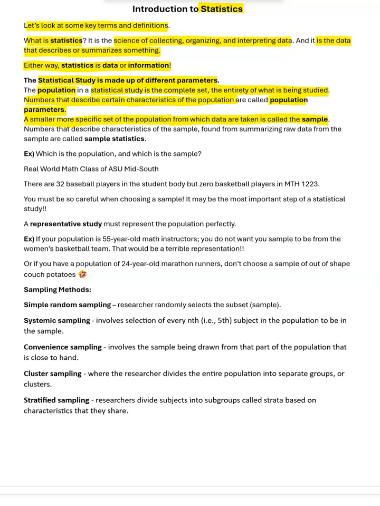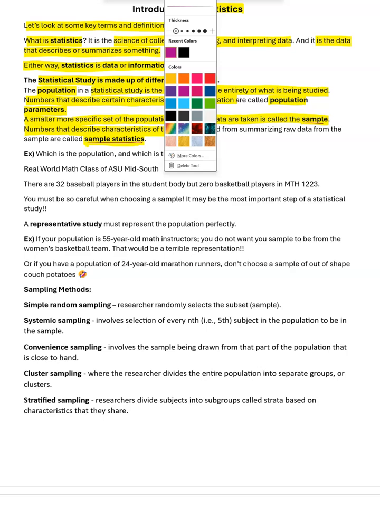Now, the numbers that describe this smaller sample are called the sample statistics, which makes sense, right? If we take numbers from the smaller group, it's going to be called sample statistics. It kind of makes sense that it would have the word sample in it.